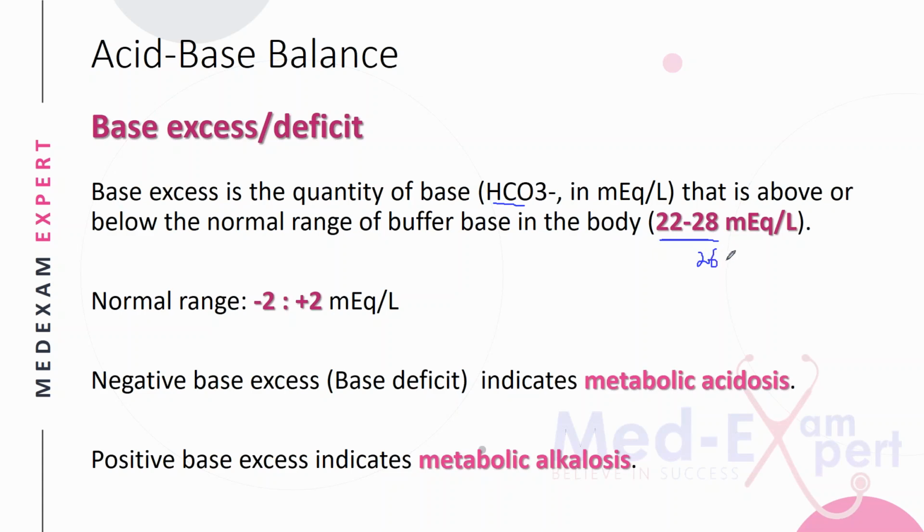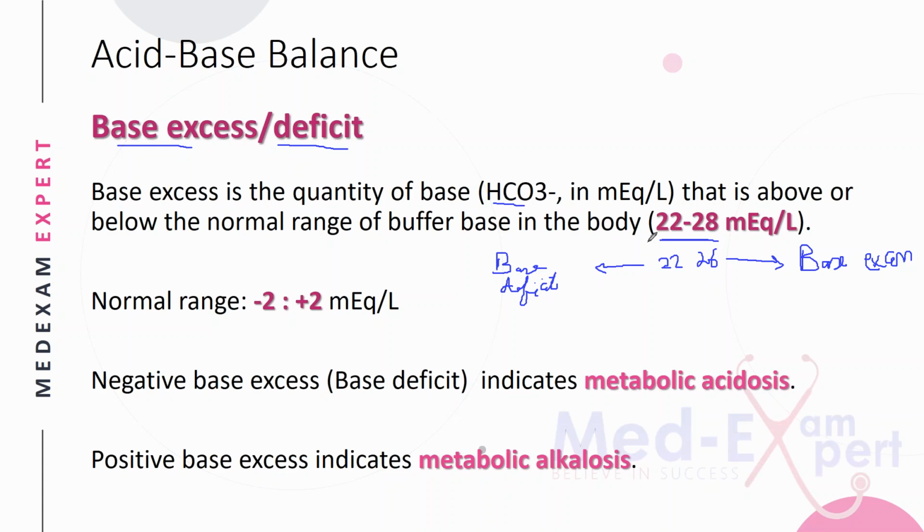So when I have excess bicarbonate more than this normal range, this is called base excess. When I have a bicarbonate level much below this normal range, this is called the base deficit, or in other words, a negative base excess. So the base excess or base deficit is like an indirect presentation of the bicarb level in the body.